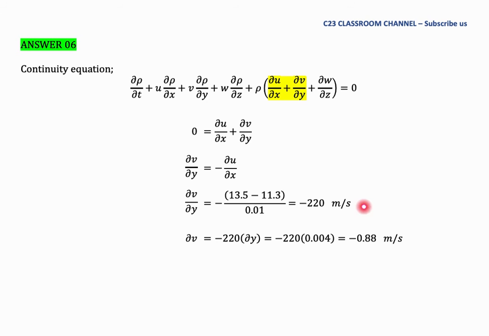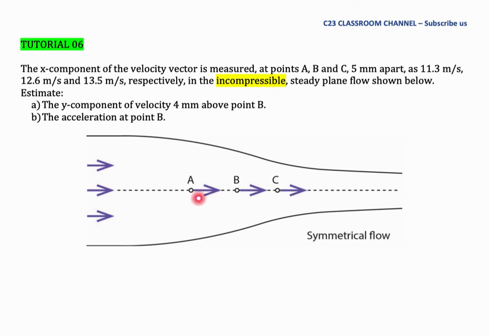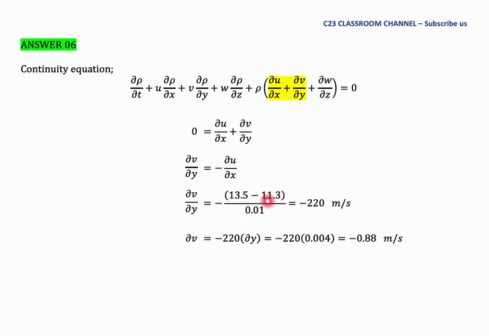So we have 13.5 minus 11.3, and the del x here is actually the gap between point A and point C, because it is 5 millimeters apart. So the total from A to C is 10 millimeters, equal to 1 centimeter. So we write it down as 0.01 meter here. So we get del v over del y is equal to minus 220 meters per second.